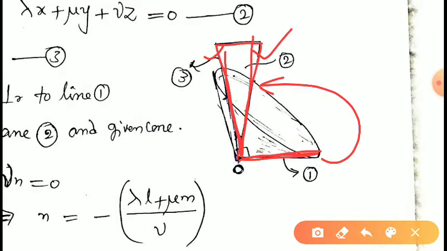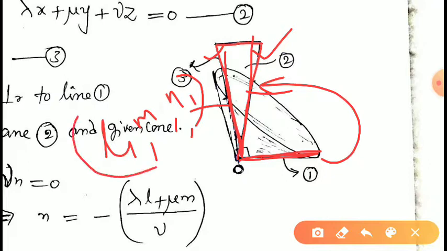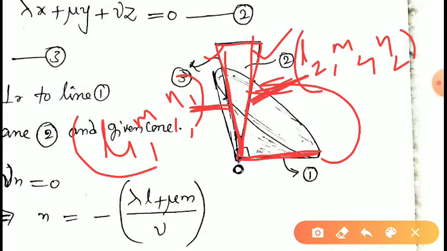Therefore these two lines are generators of the cone also, and hence suppose that L1, M1, N1 are the direction basis of this generator, and L2, M2, N2 are the direction basis of this generator.